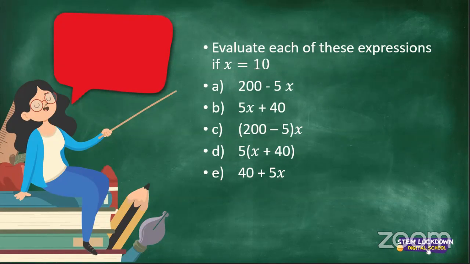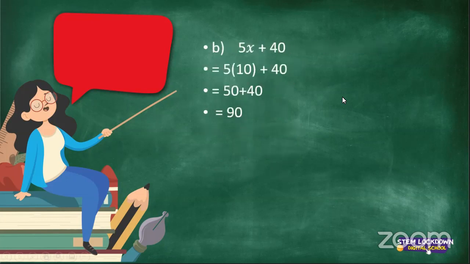Yes, that's correct. 5x plus 40 and 5 times 10 is 50. 50 plus 40 is 90. So yes, I fully agree with you there. 90 is our final value.